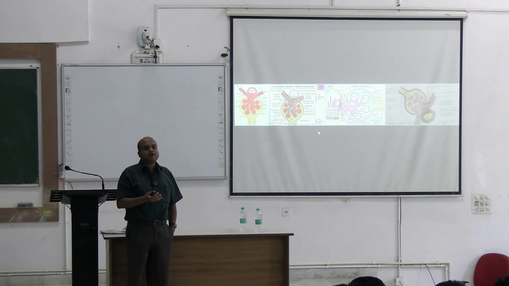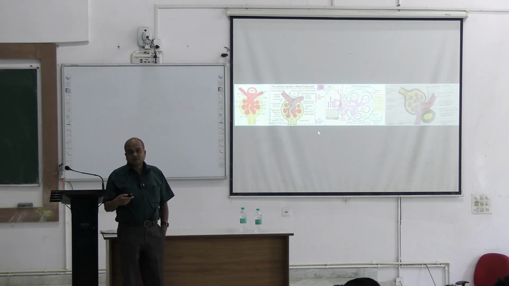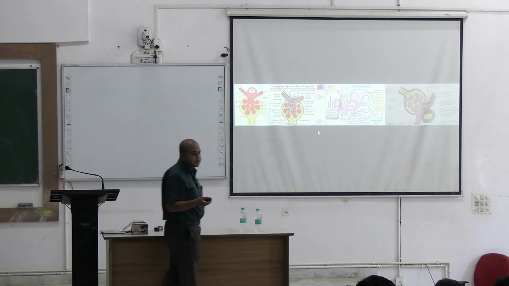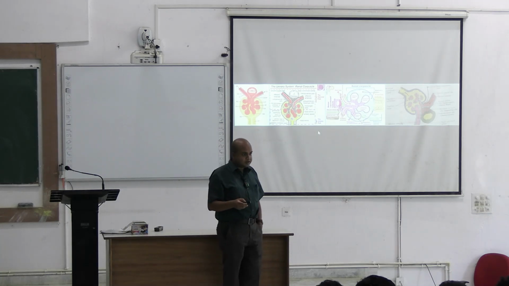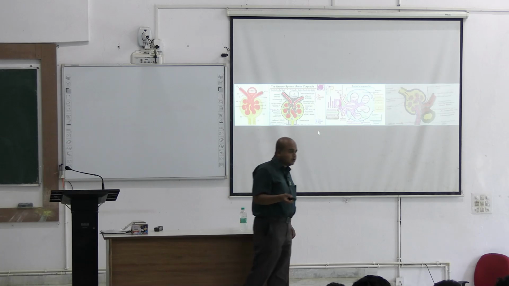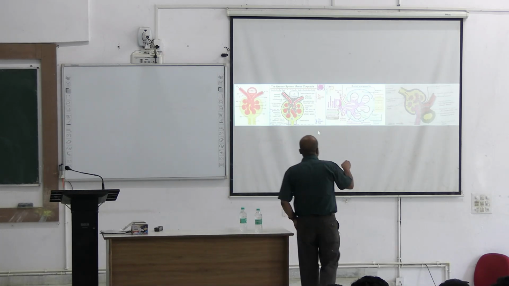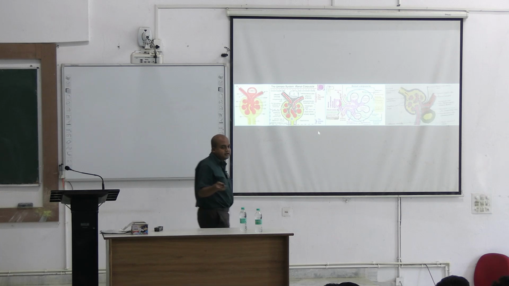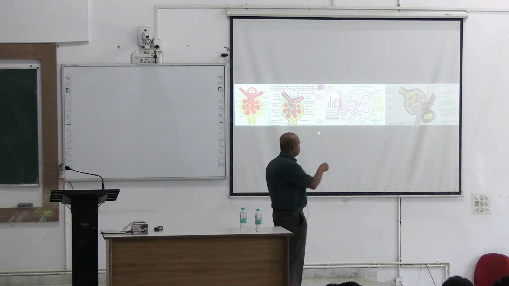Whatever is coming in the afferent arteriole is filtered. And what is the filtration rate? It is 125 ml per minute, which comes to 180 liters, or 1.8 liter per day.